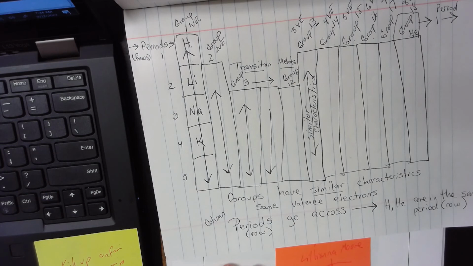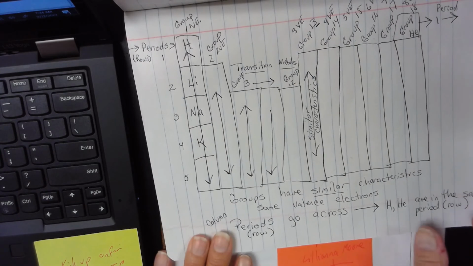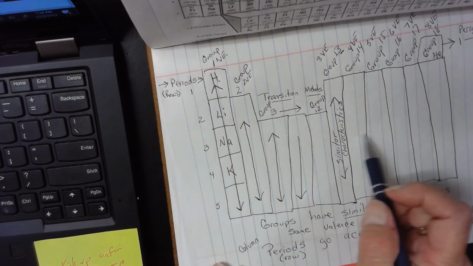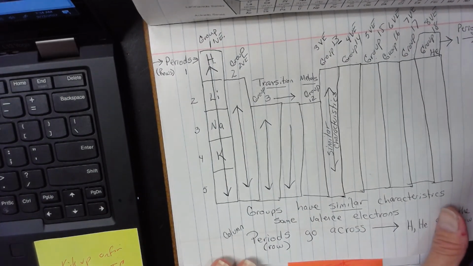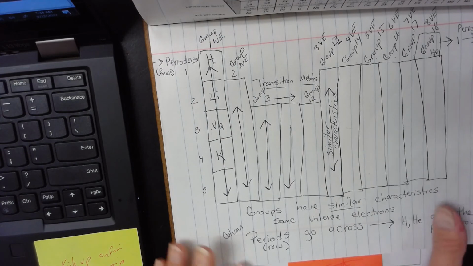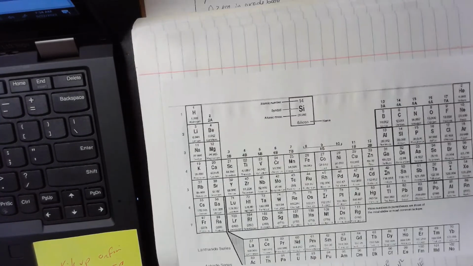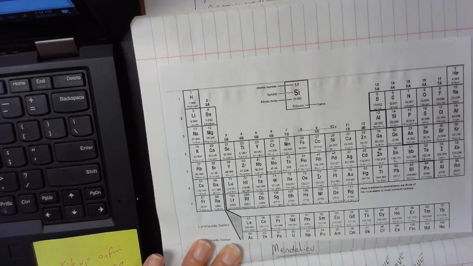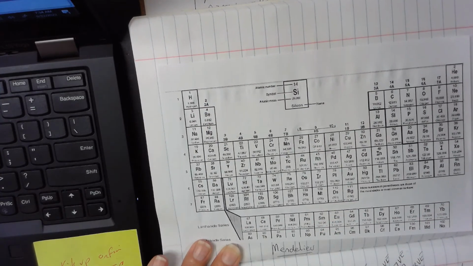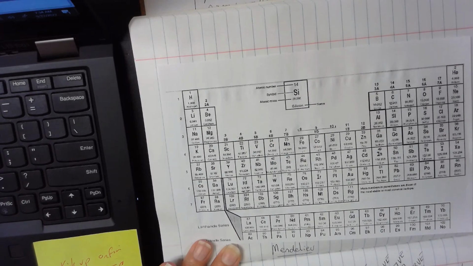So we have ways to identify elements, right? So we have periods and groups. So I might say to you, which element is in period 5, group 15?